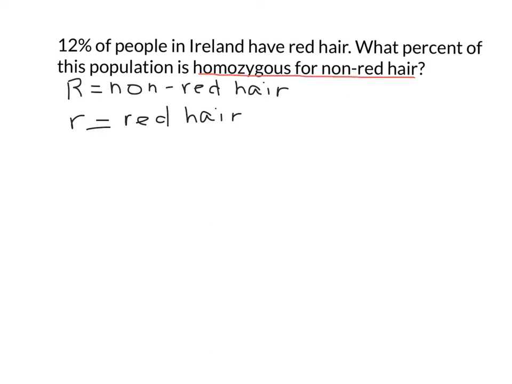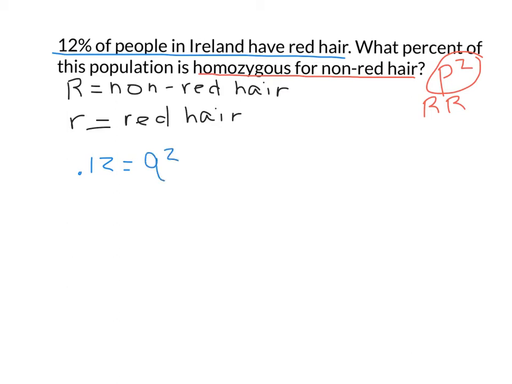So we could say that p squared is what we're solving for. p squared again would be capital R, capital R for us. So we are given that 12% of the people in Ireland have red hair. That 12% can be turned into a decimal, so 0.12. And that is showing us our homozygous recessive, because we're dealing with red hair. So that's going to be our q squared.